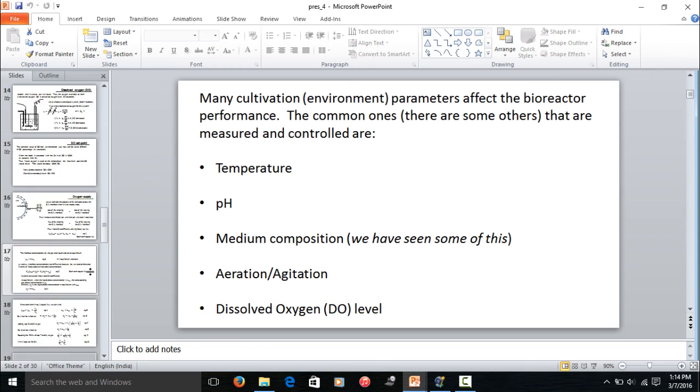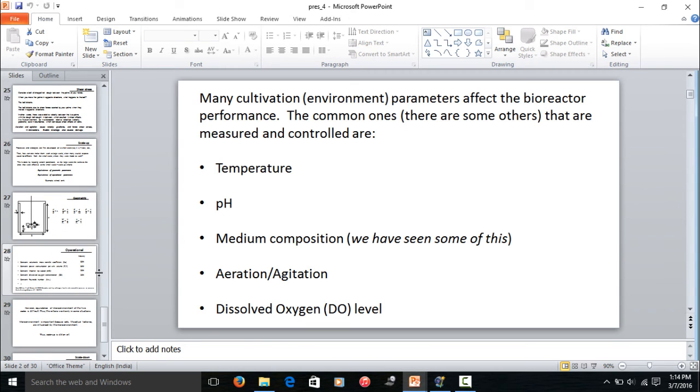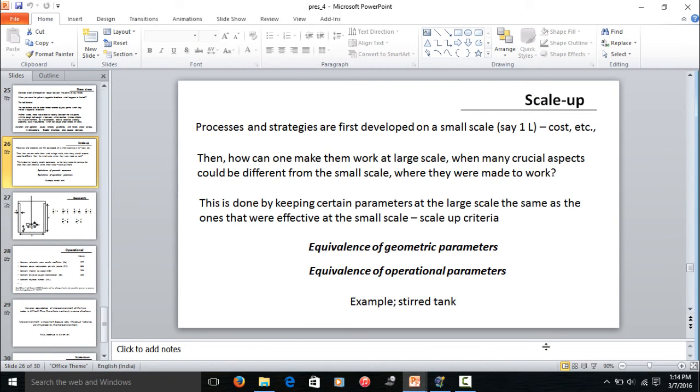Then we looked at some aspects of scale up and scale down. We said that we need to maintain the equivalence of geometric parameters and the equivalence of operational parameters during scale up. Only then can we expect at least that whatever results we got at a lower scale would be applicable at a higher scale.